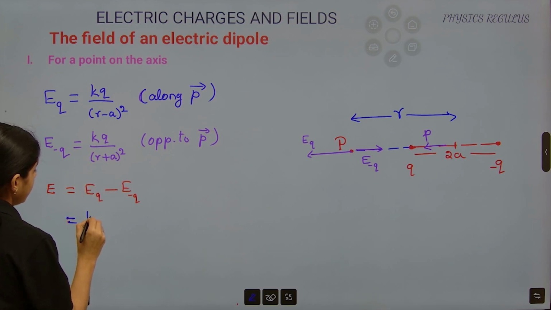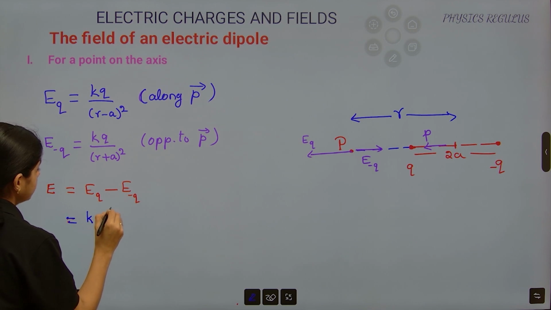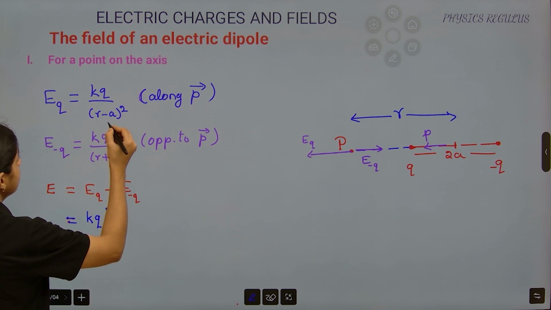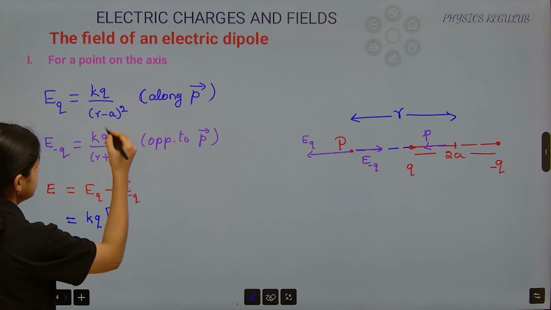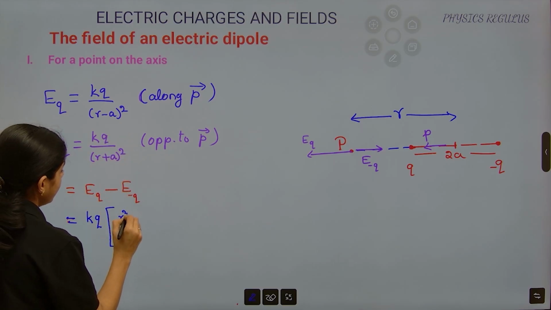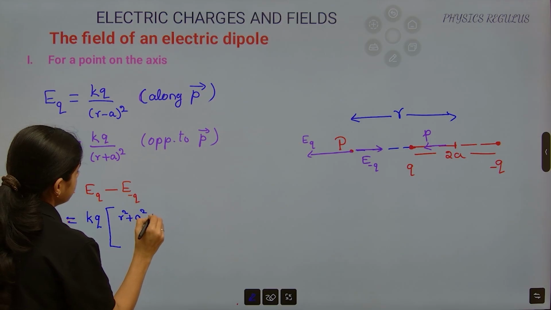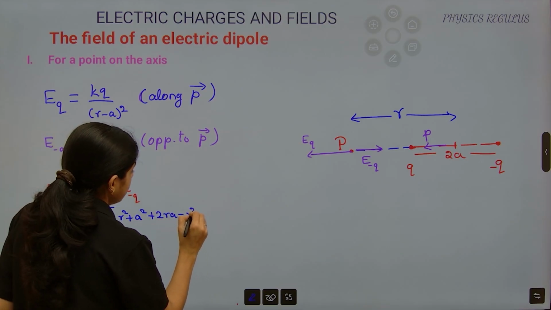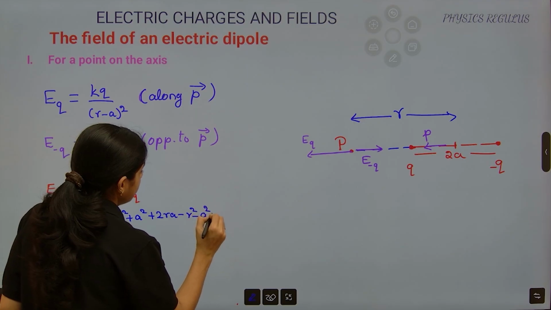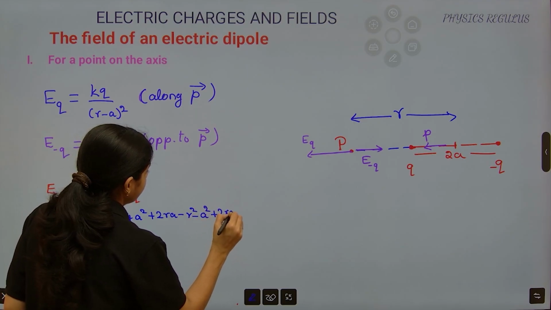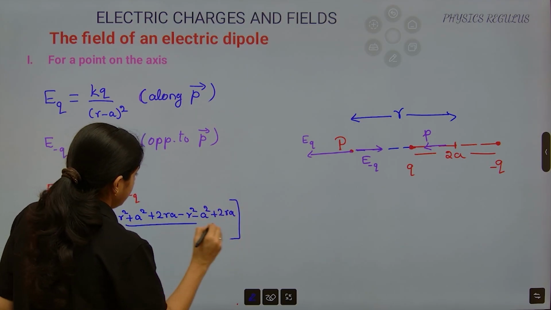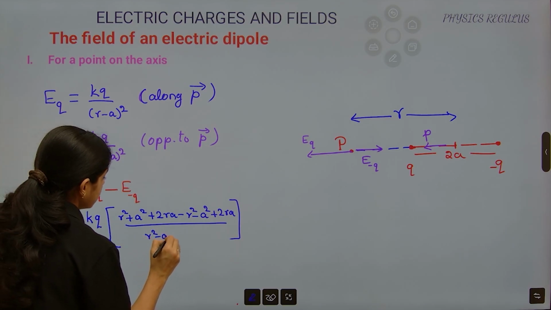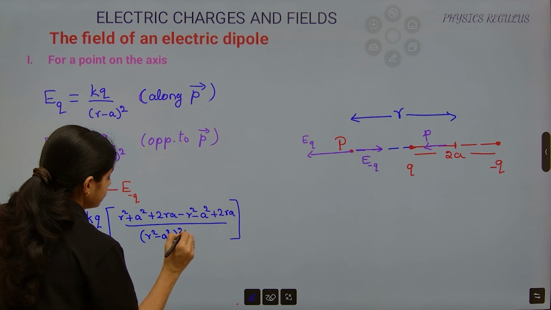You can take k and Q outside because they are common. Take the LCM, and you will get R square plus a square plus 2Ra minus R square minus a square plus 2Ra, divided by, in the denominator, (R square minus a square) whole square.